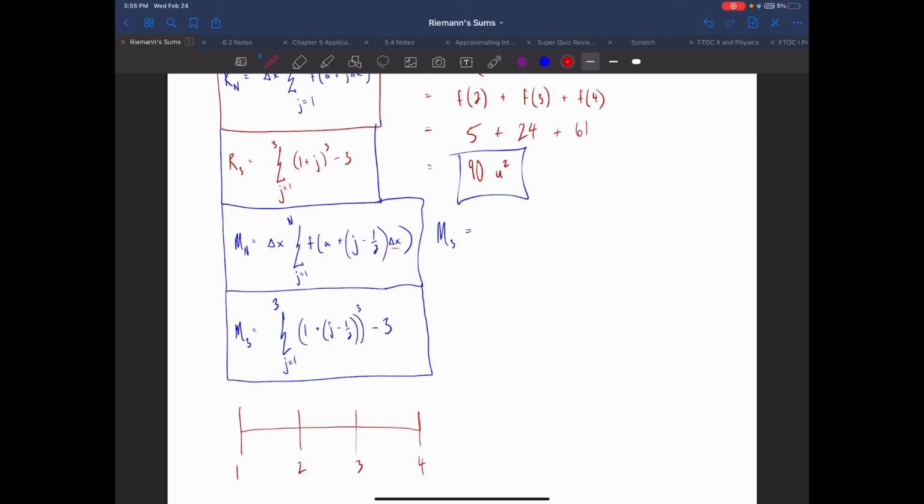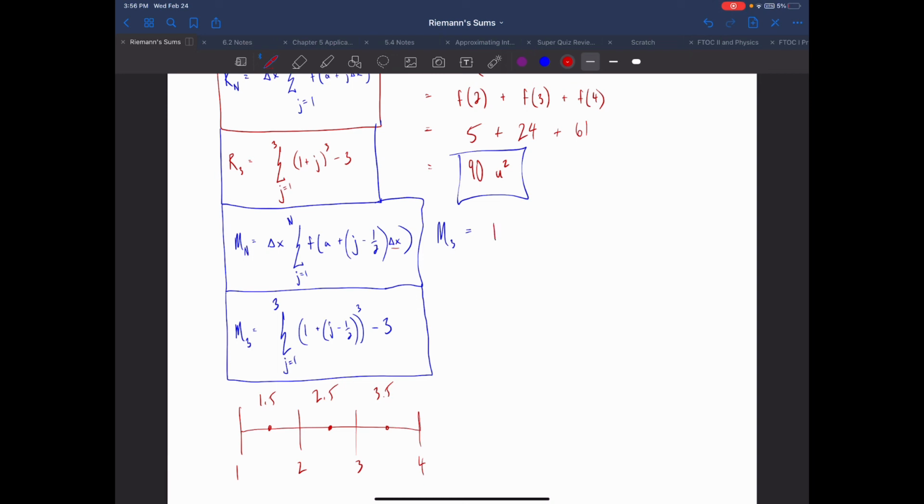Looking at that diagram, it's pretty easy. Between 1 and 2, the middle is halfway between that, so it would be 1.5. Between 2 and 3, this would be 2.5. Between 3 and 4, this would be 3.5. So those are the values we're going to evaluate at. I'm going to turn those into fractions though.